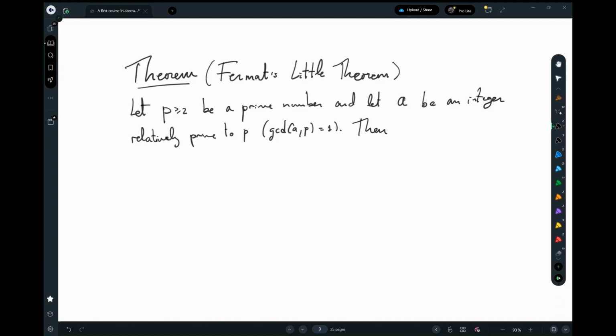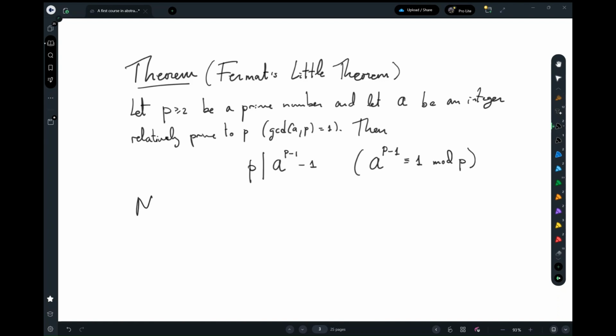Then p divides a to the p minus 1 minus 1. Or in terms of congruences, since we do know congruences, this says that a to the p minus 1 is congruent to 1 modulo p.